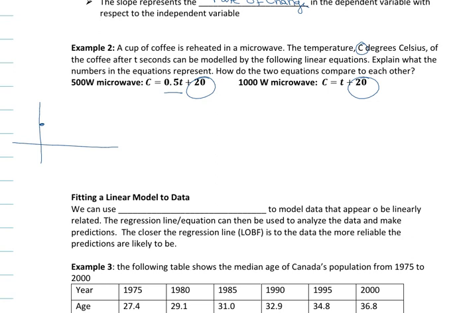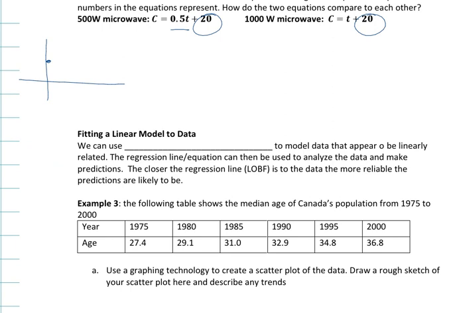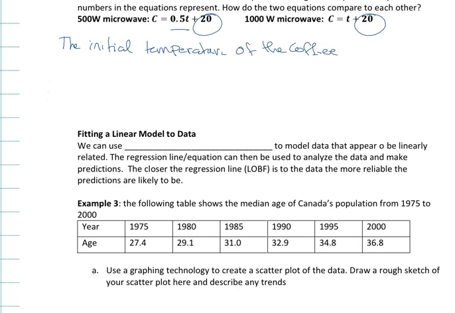Okay. So let's write that down. The initial temperature of coffee for both scenarios or microwaves is 20 degrees Celsius.